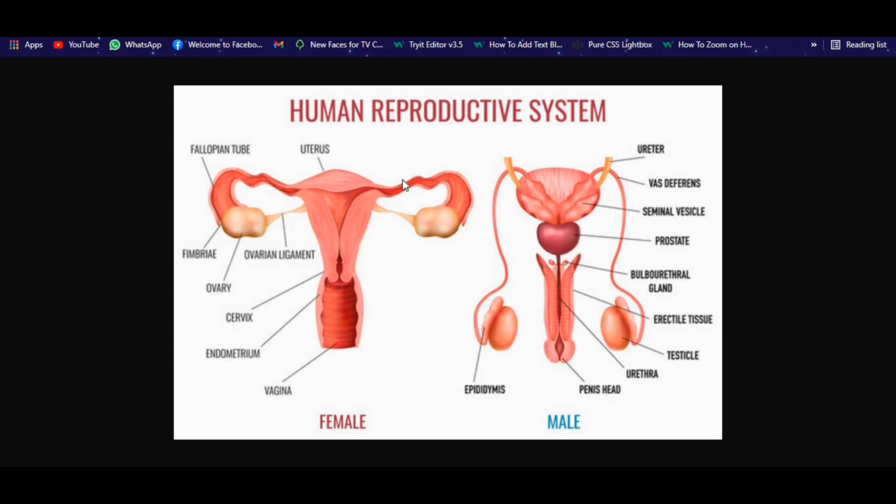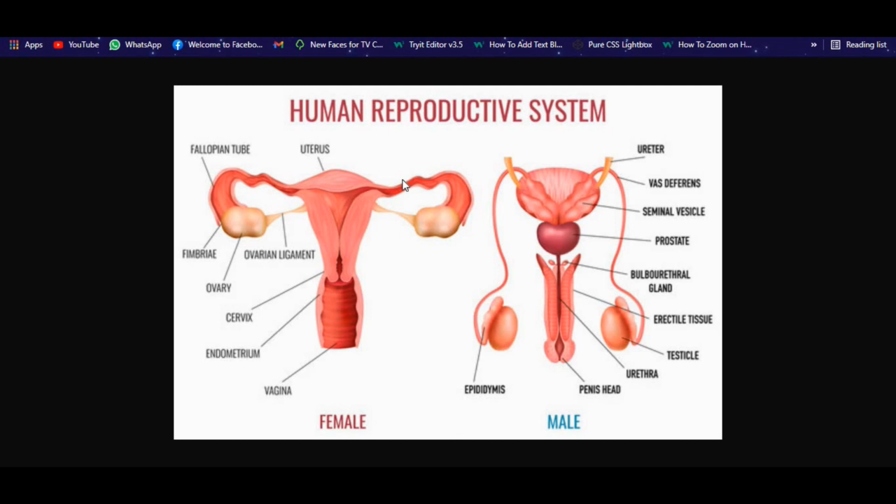The body automatically prepares the female's body in case she is carrying a baby, even if she's not. The female body is just designed for that purpose.